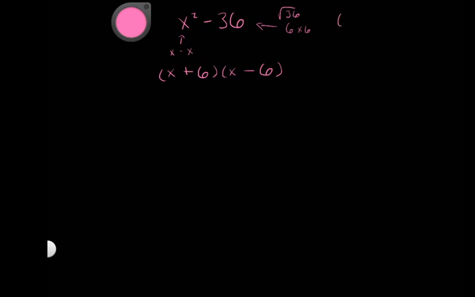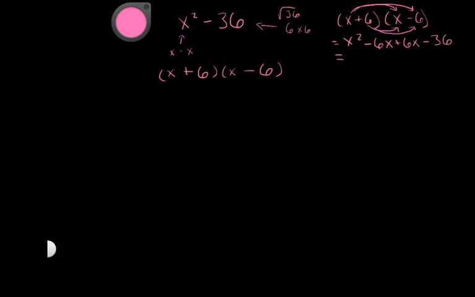We can do x plus 6, x minus 6. x times x is x squared. X times negative 6 is negative 6x. 6 times x is plus 6x. 6 times negative 6 is negative 36.